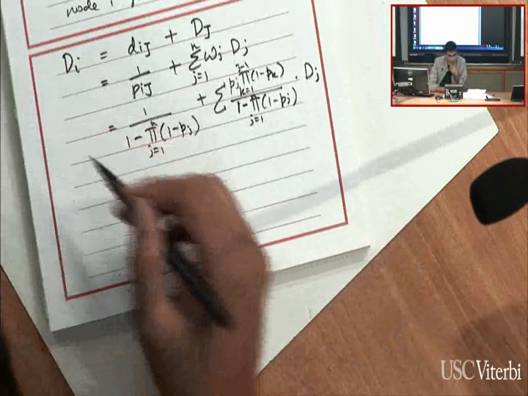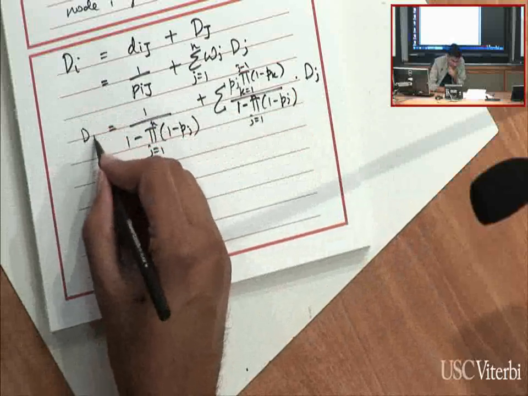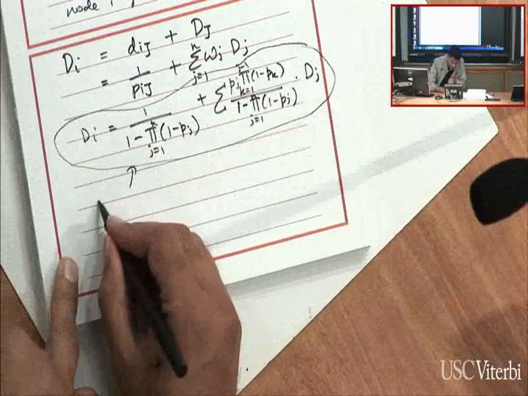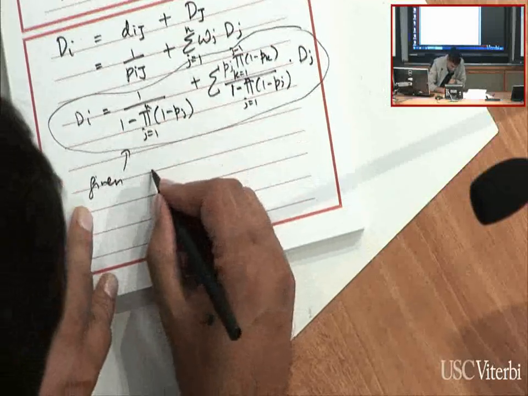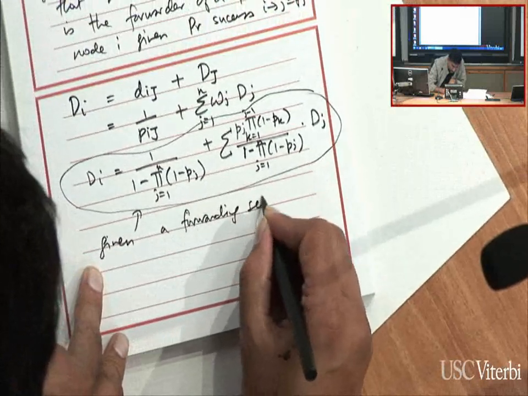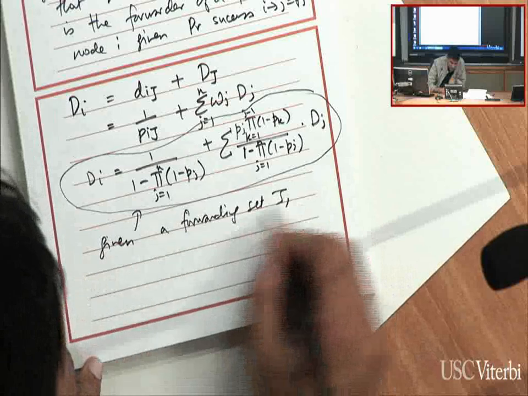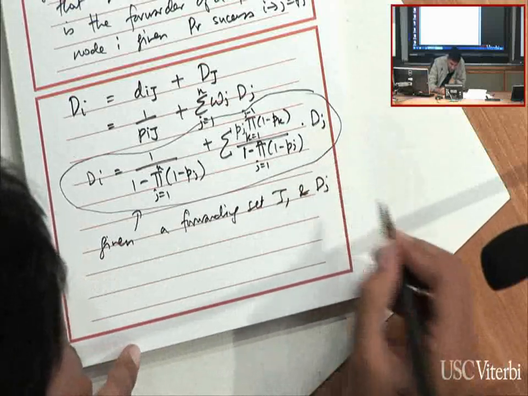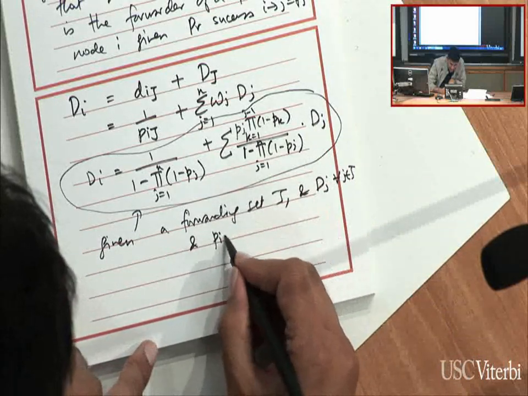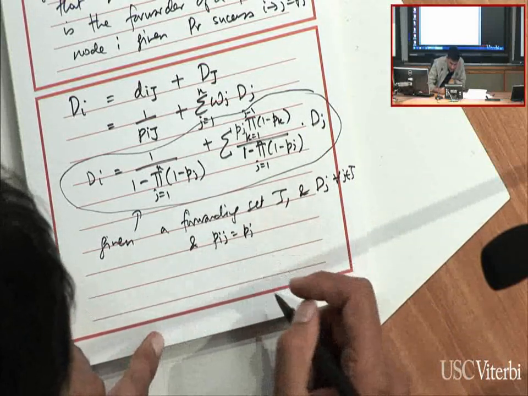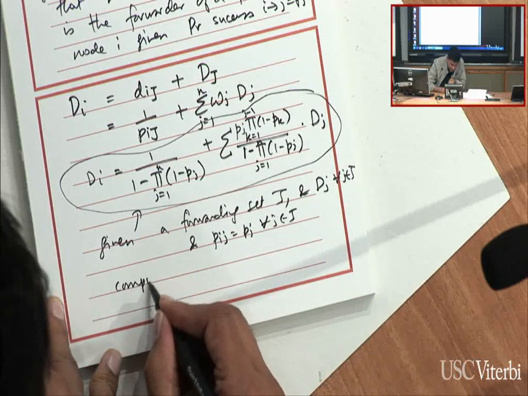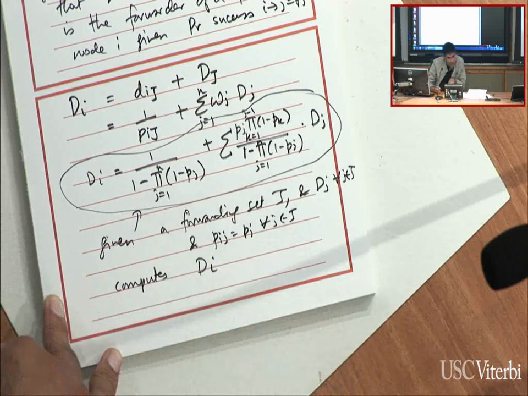Okay. So what does this allow you to do? This equation, given a forwarding set J and all of the D_j's for all j in J, and the success probabilities P_ij equal to p_j, that's the notation we used, computes D_i.